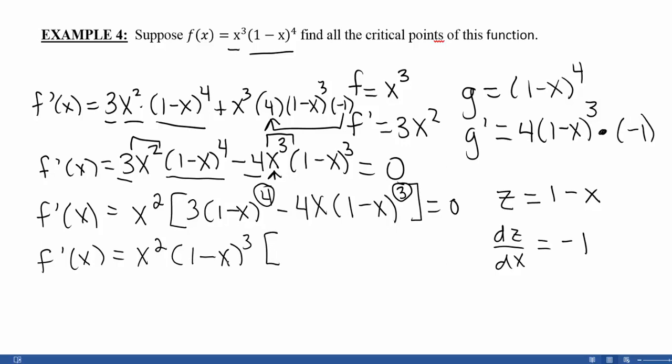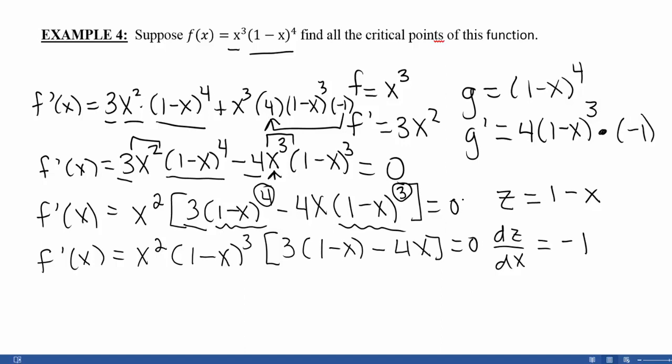So if I pull out a 1 minus x cubed, the first term still has the 3. Now the second term had 4 of them, and I only pulled out 3 of them. So I'm left with a 3 times 1 minus x, minus. Now the second term was a 1 minus x cubed, and I pulled out a 1 minus x cubed. So I'm left with a 4x. And again, I want to know when that equals 0.